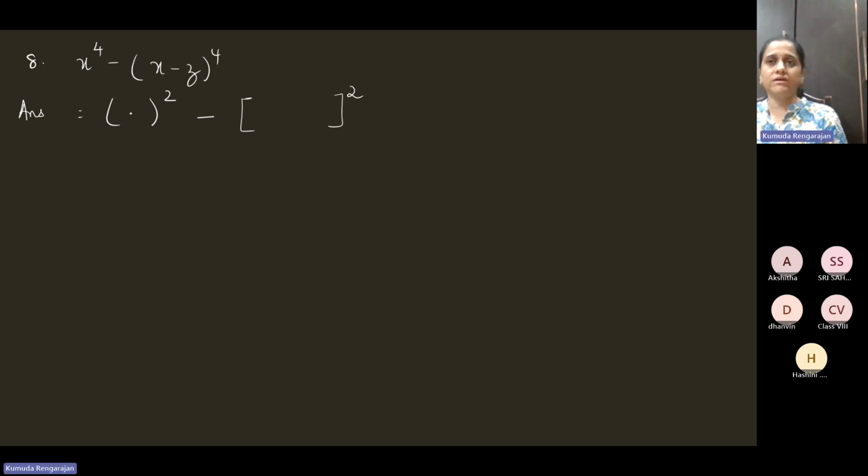So what should I write here in the bracket? x squared minus x minus z the whole square, because 2 into 2 is 4. x squared the whole square. This is the first step, correct?